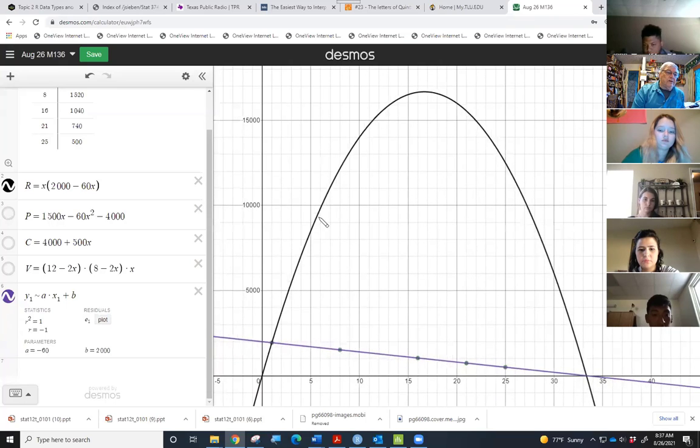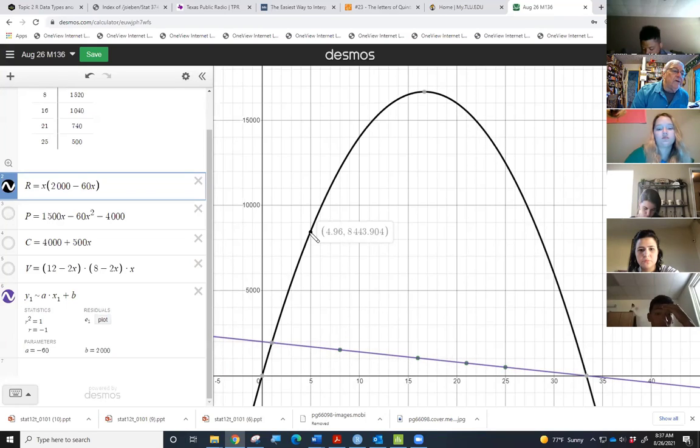So what is this? This is our revenue function. And it is ordered pairs that tell me if I manufacture 5,000 units, that's what this 5 would stand for, let's come up here and just click on that, then I would expect a revenue of $8,444, since that's a 0.9, we'll just round it to 44. $8,444.